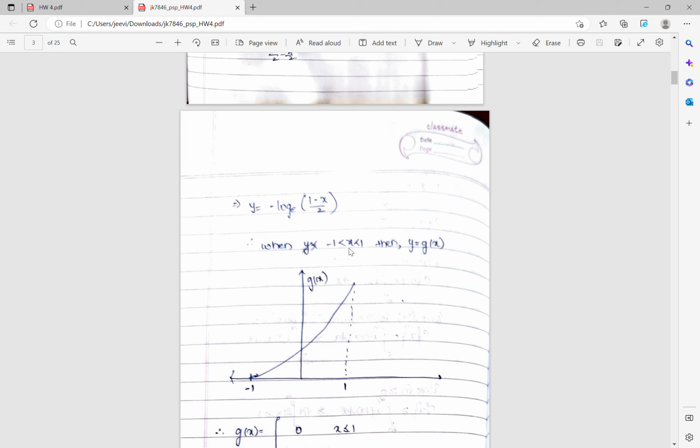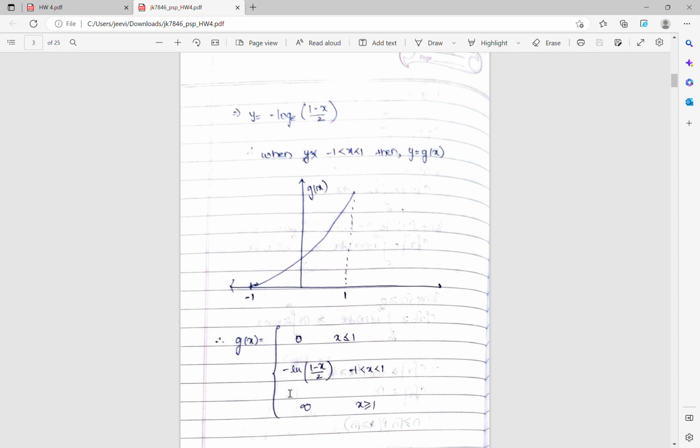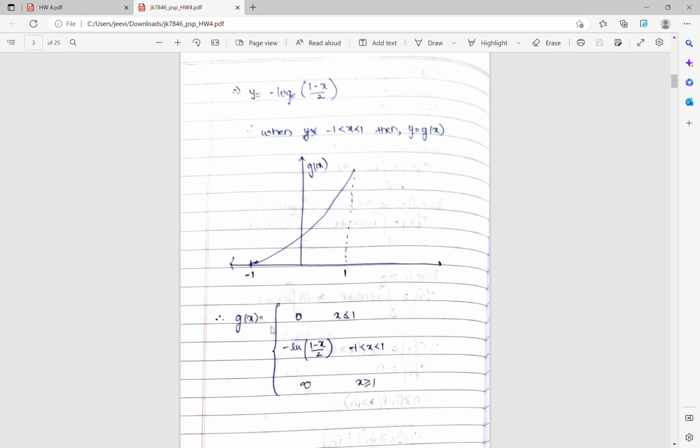when x lies between -1 to 1, that is, if x is random between -1 to 1, then y equal to g of x can be represented as this. That is, it is going to keep increasing from -1 to 1. Therefore, the final values of g of x will be 0 if x is less than or equal to -1.